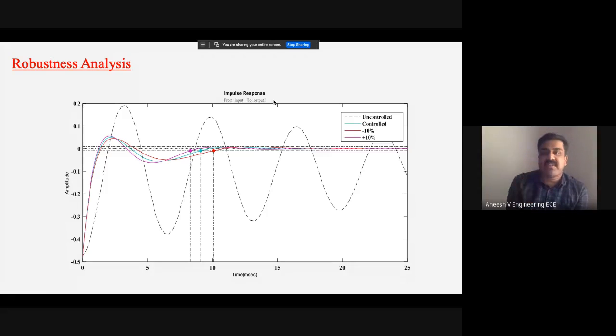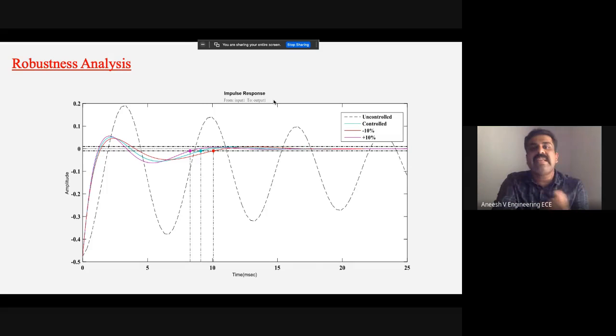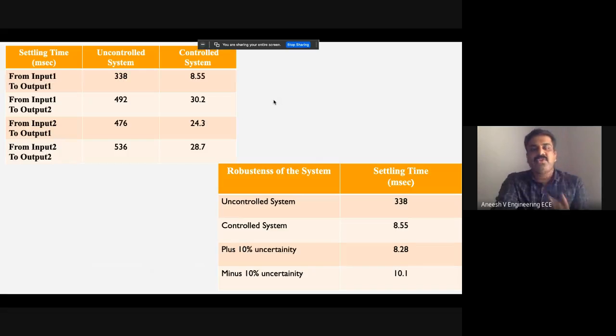For the state variable, I added 10% uncertainty and minus 10% uncertainty. Based on this, I check the stability, or the settling time, of the system. Look at the graph.